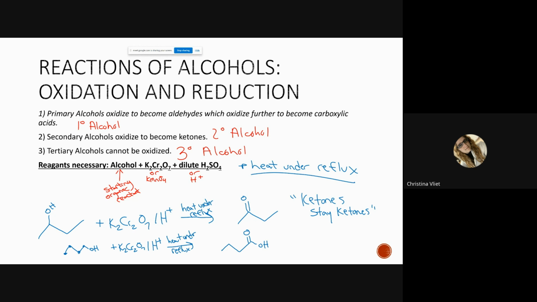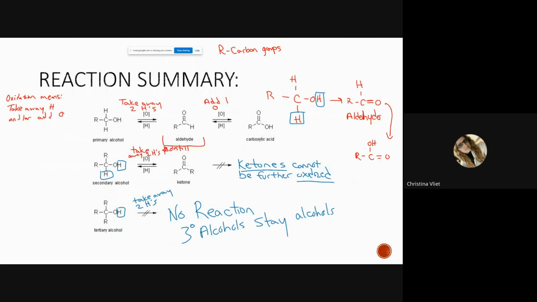And alcohol is the most reduced. And so I'm going to go back to that other slide we were on. You saw the letter O in brackets, and then you see the letter H in brackets going the opposite direction. What do you think that means? Oxidation is this way.